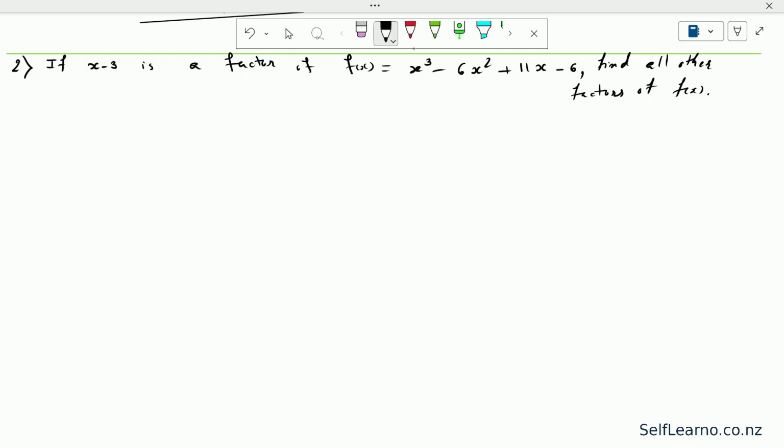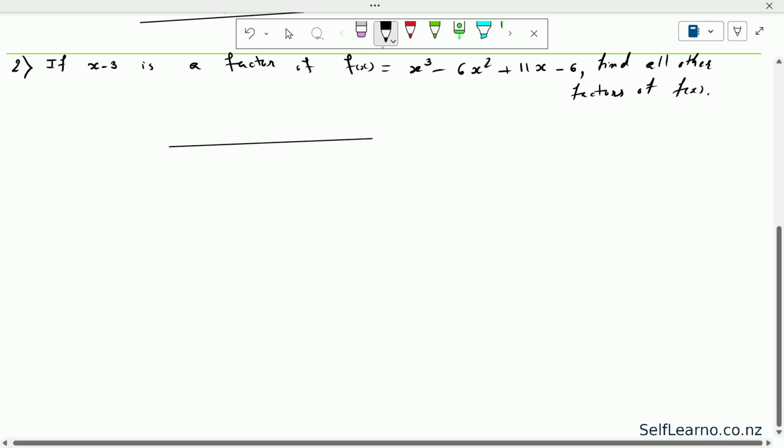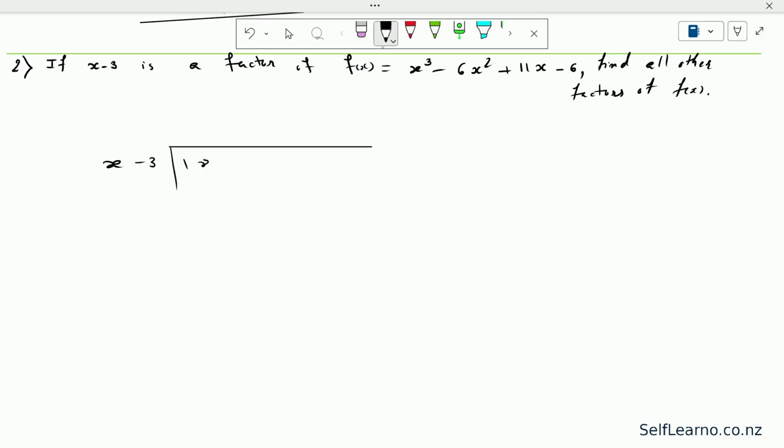So I am dividing this by this. I must get the remainder 0 because this is the factor of this one. That is why the remainder has to be 0. We have 1x cube, minus 6x squared plus 11x minus 6.